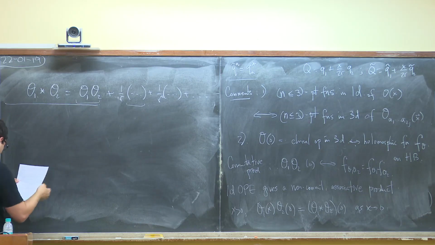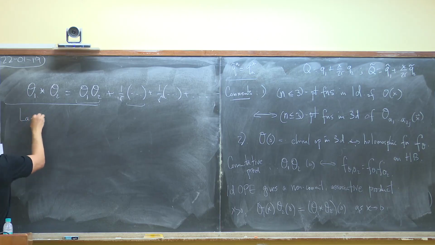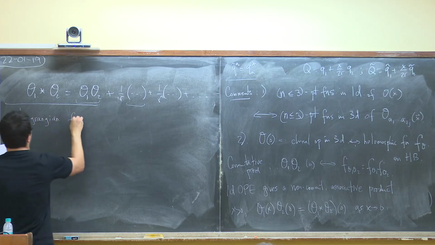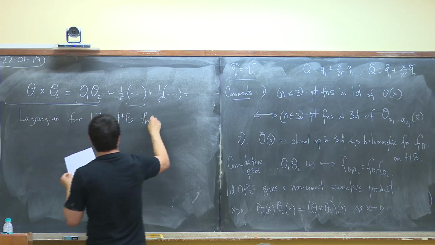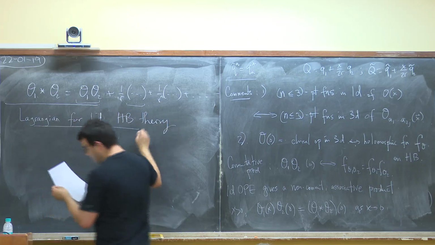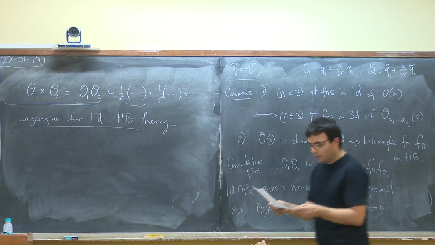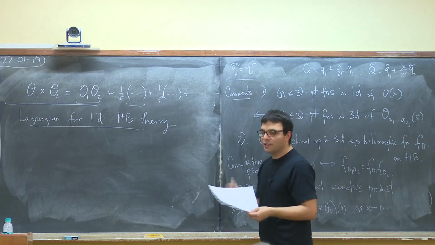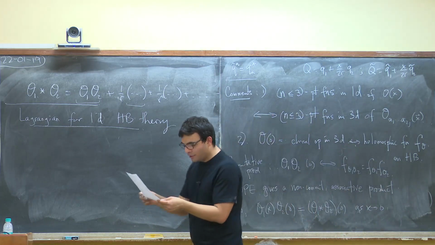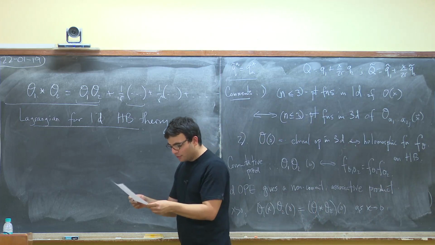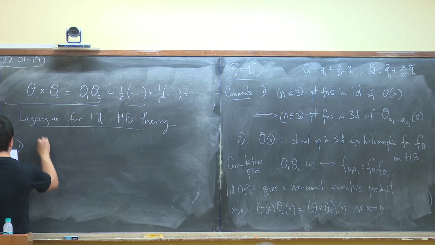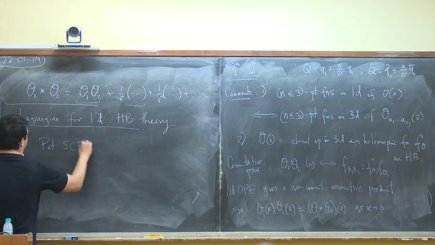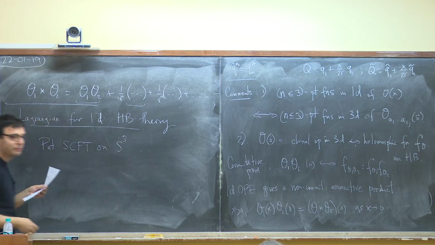Now what I want to discuss is the answer to the question: the Lagrangian for the 1D Higgs branch theory. Is there such a thing? The answer is yes. What's the method by which we find it? Well, there are two steps. One step is to put this superconformal field theory on a round 3-sphere.